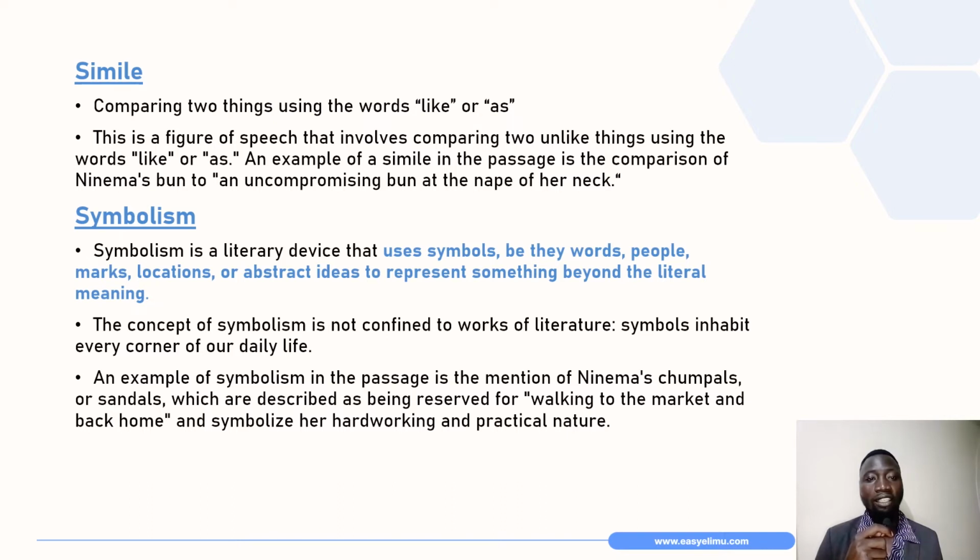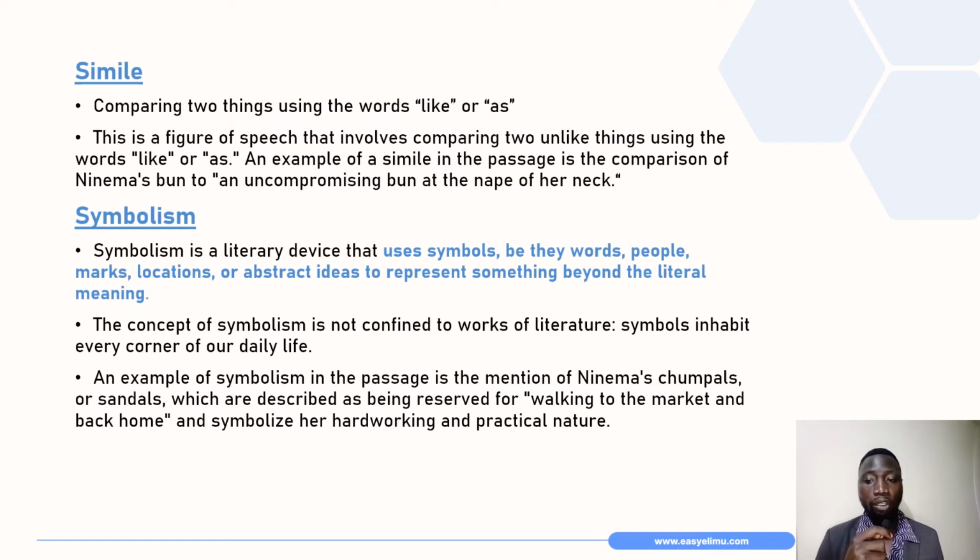So looking at the use of like and as, that gives you a comparison of two things that are not alike, by using the words like or as.